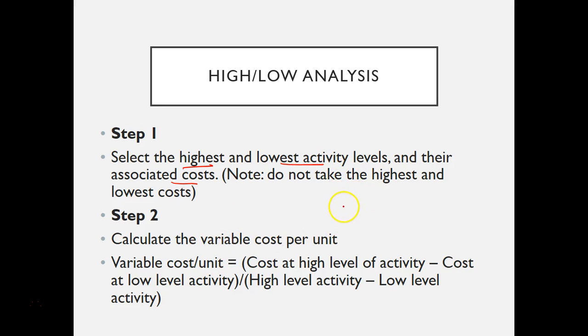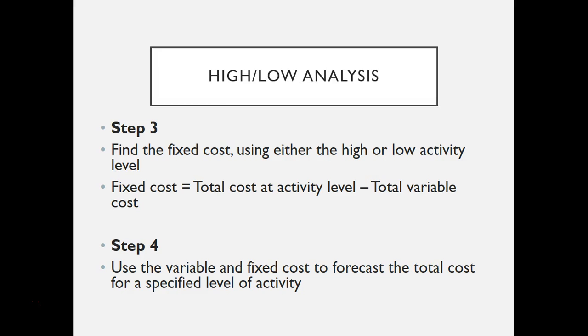I don't really think this matters. The key point is it's a straight line, and as far as math is concerned, you're always going to arrive at the same answer. Calculate the variable cost per unit, and that's really the slope of the curve, which we'll do in a second. And then we can find the fixed cost by just plugging our answers into any of the equations, absolutely any, and then we can carry on from there.